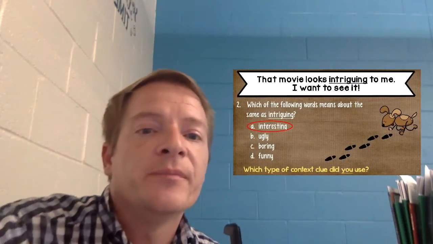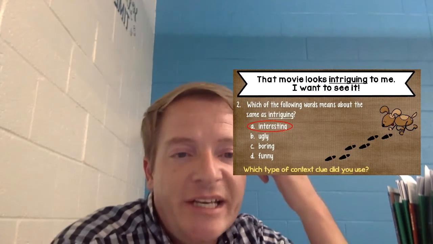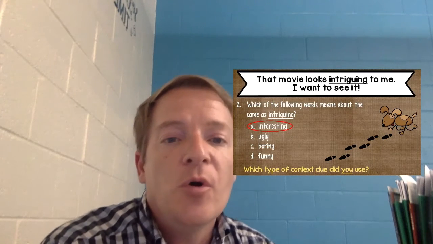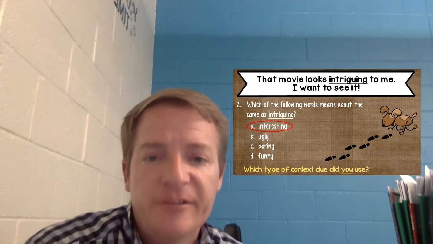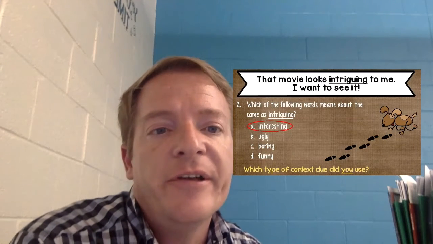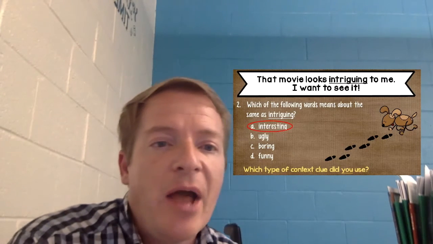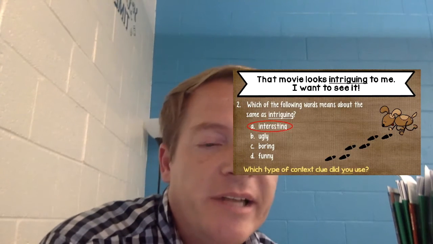Let's go to the next one. Which of the following words means about the same as intriguing? That movie looks intriguing to me. I want to see it. So it means interesting. They've already kind of told us that. But they want to know which clue did we use to figure that out. So if we look, that movie looks intriguing to me. I want to see it. Is that an explanation?